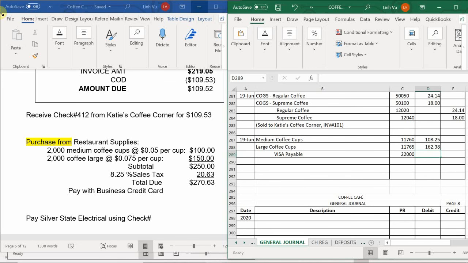If you already split the tax for the first one, then the remaining is whatever totals up to 270.63. So there you go, 162.38. If I add these two cells together, I should get the total of 270.63, which is my total amount that I'm going to put on my credit card.